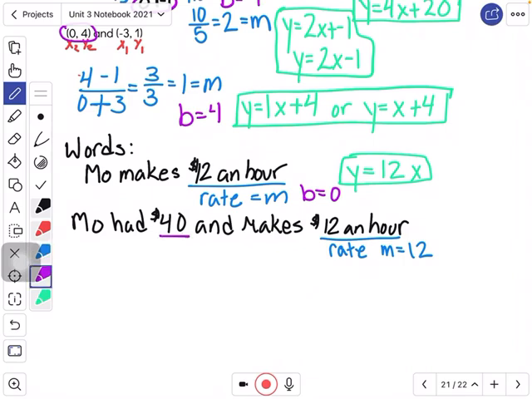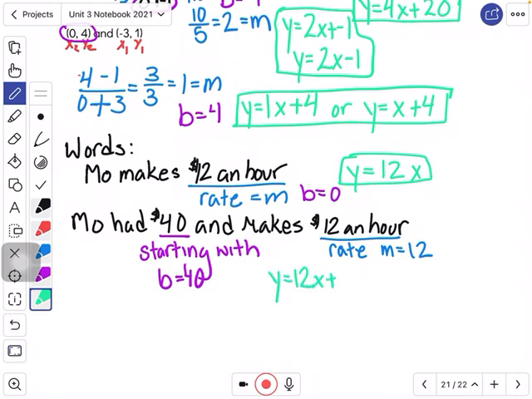The 40 is what he is starting with, or is extra, so that is your y-intercept. Put it all together, y equals 12x plus 40.